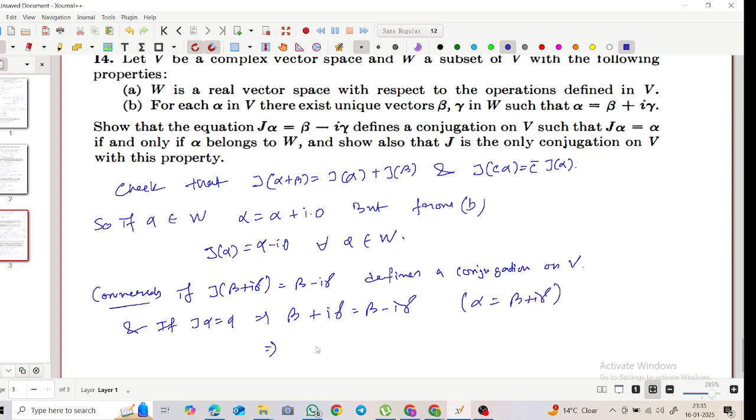So you get gamma is 0, which means alpha equals beta belongs to W. Again, this is because of condition B. There exists a unique expression beta and gamma such that this happens. Okay.